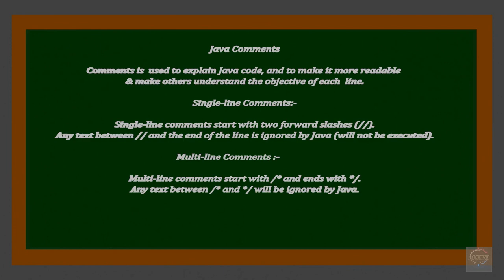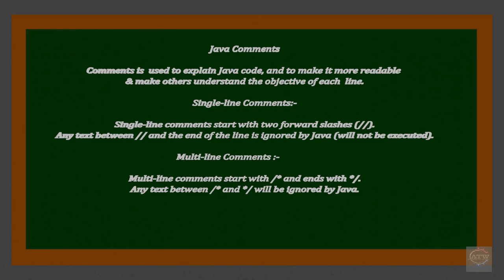To comment a single line, meaning one line of instruction you want to give, you should use two forward slashes. Anything after these two forward slashes will be ignored by the Java compiler and executor.